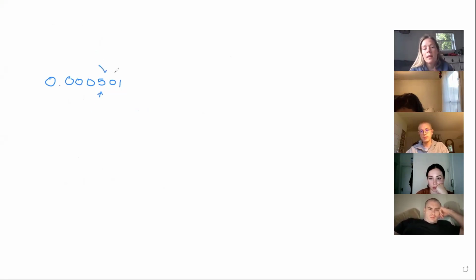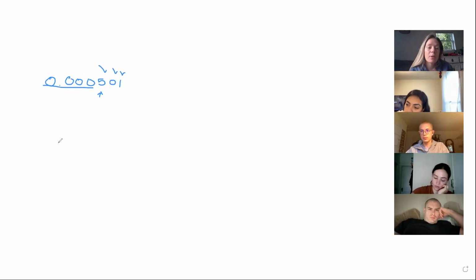The 5 is significant, the 1 is significant, and the 0 in between is obviously significant. What are these zeros doing here? They're not telling us anything about precision. They're just in a space to let us know how small the number is. Precision is something we tack on the end of a number, not in front of the number.